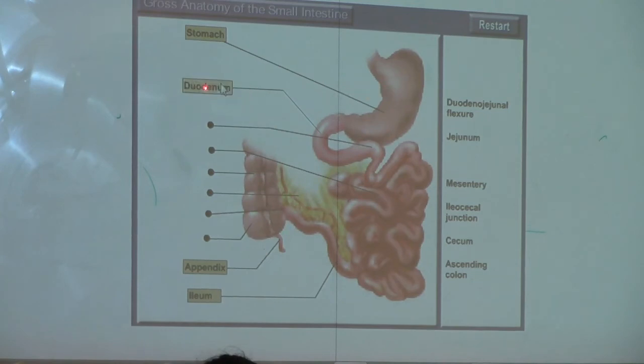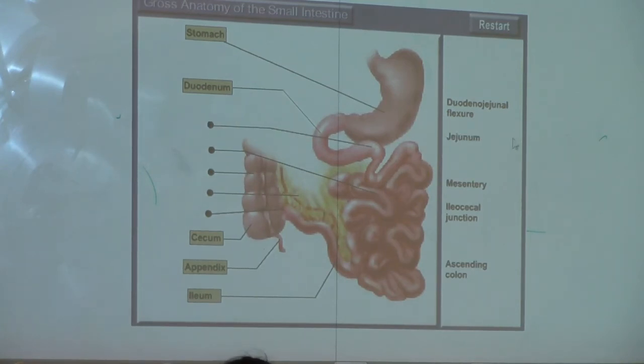Duodenum. Show me. Okay, jejunum. Let's see if this is right.